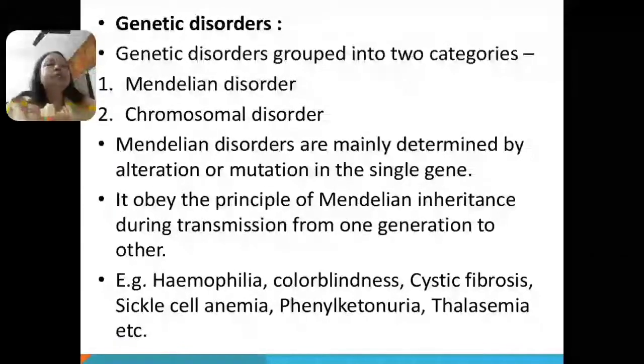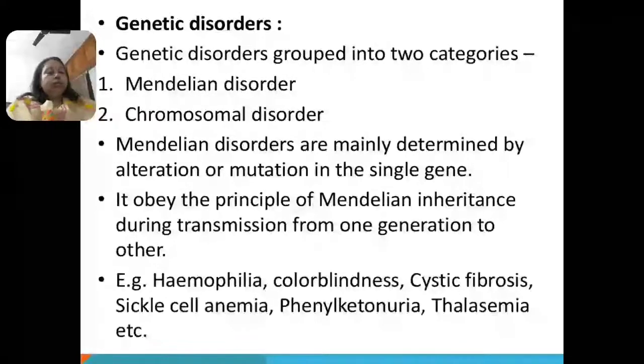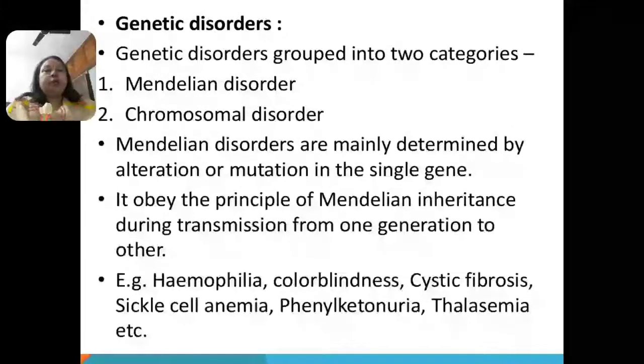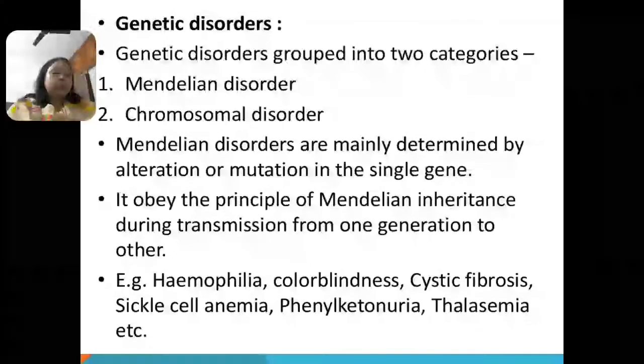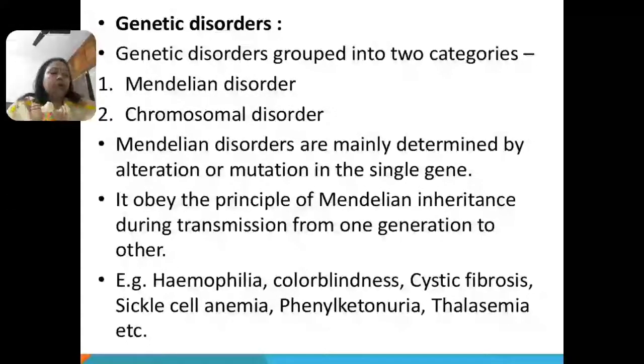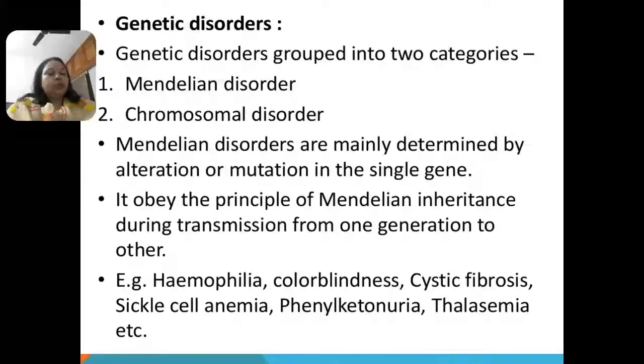So now the question is, what are these genetic disorders? A genetic disorder is a health problem caused by one or more abnormalities in the genome. It can be caused by a mutation in a single gene, called monogenic, or multiple genes, called polygenic.